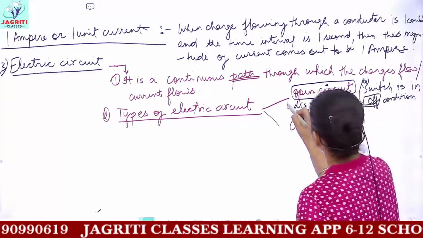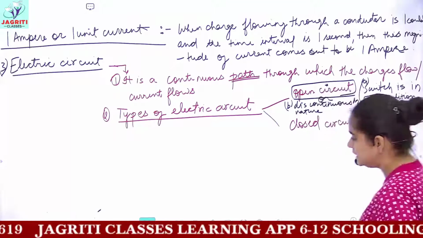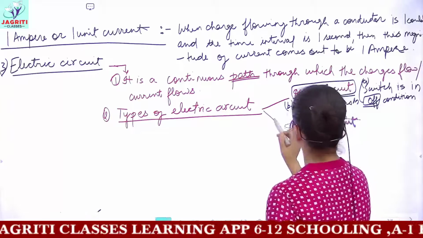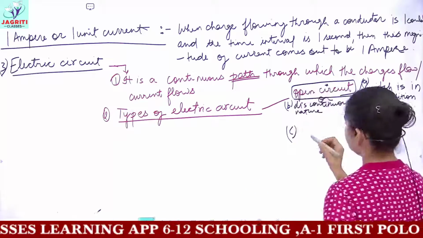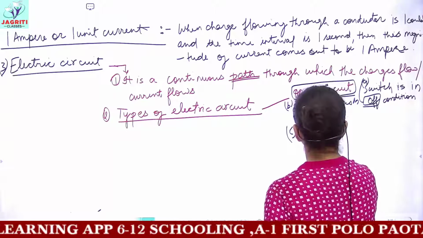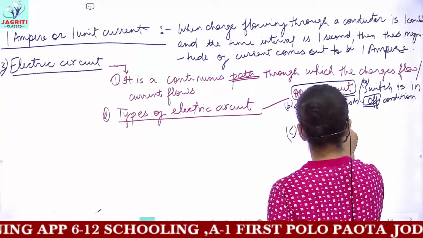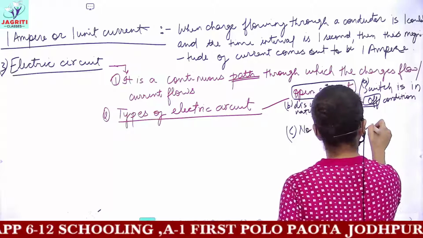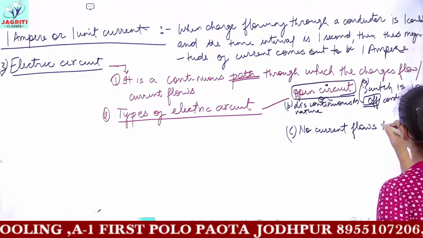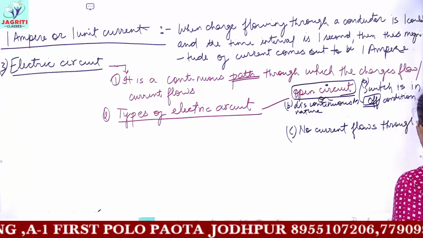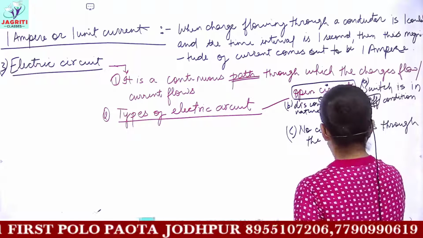The next point is it could be called discontinuous in nature. Let's erase this closed circuit. And the third point for open circuit would be that no current flows. If the circuit is open, then no kind of current would flow through the conductor. No current flows through the circuit.